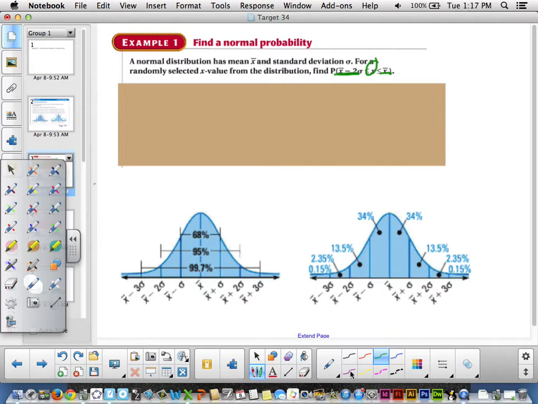Well, on our table, here is our average. Here is 2 standard deviations below. We just got to see how much of the graph we cut off. And this part is 13.5 and this part is 34.